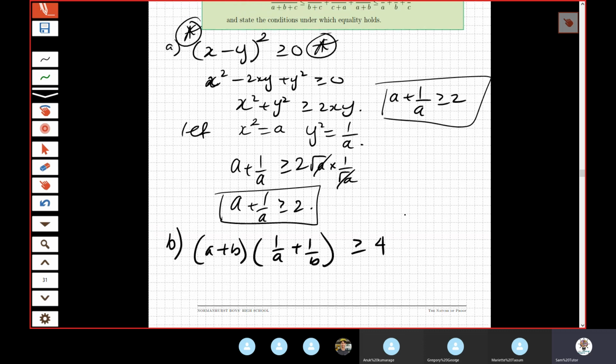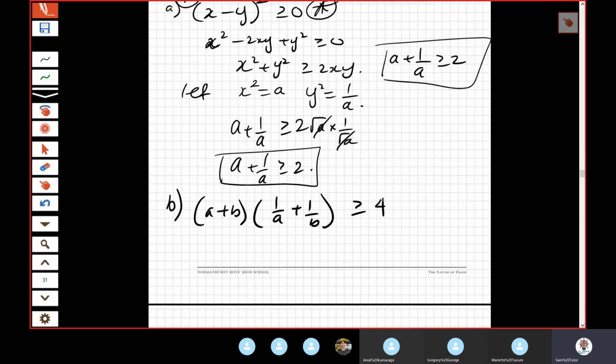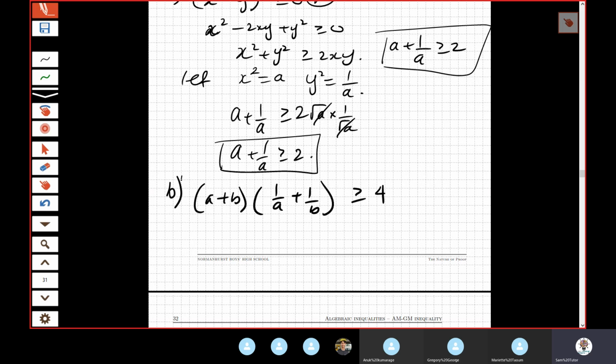Anyone have any ideas of what they would have done? We are required to prove this. What would you guys do with a question like this, if that's the only result so far? Ben, tell me. You've just proven part A. Now you've got B. Required to prove this, what would you do?